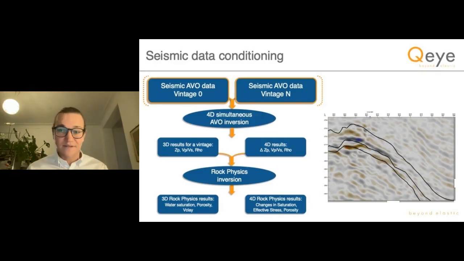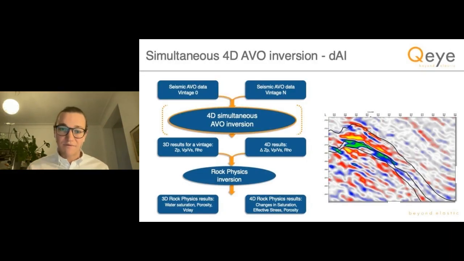So a key component of this that we're going to touch on through this presentation is aligning the two data sets, but there's a lot of other preconditioning steps that can be involved at this stage, such as spectral balancing, spectral matching between the data sets, just to make sure that our wavelets are the same in the baseline and the monitor. Once we have done that, then we can perform our 4D simultaneous AVO inversion.